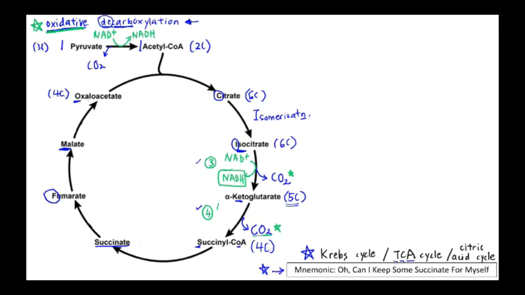The oxidizing agent NAD+ will oxidize alpha-ketoglutarate. It will then reduce to become NADH. These 2 steps are exactly like what happened during the link reaction, and we call this oxidative decarboxylation.